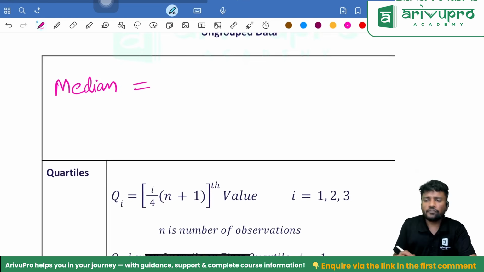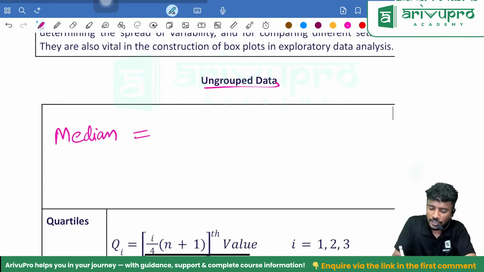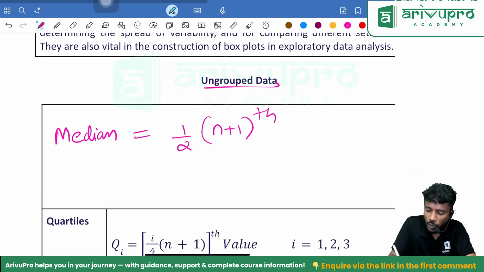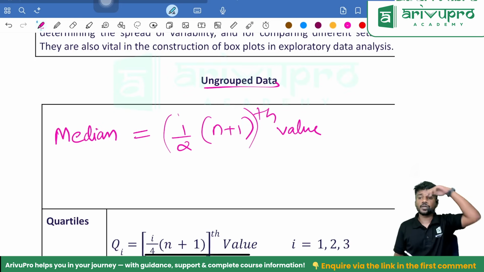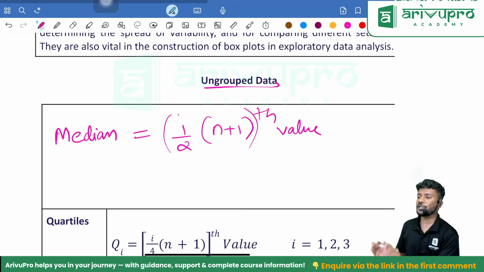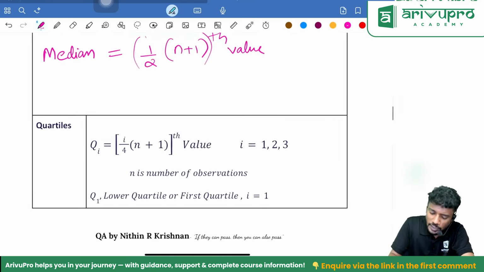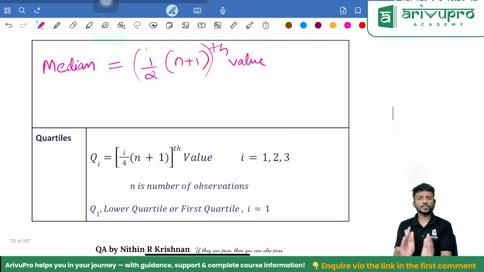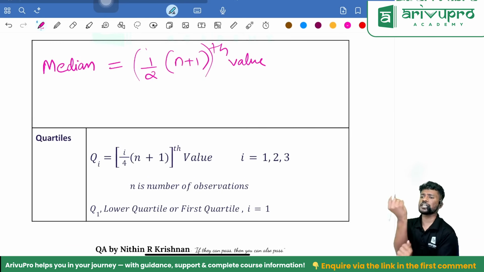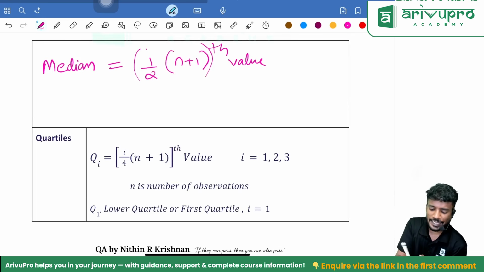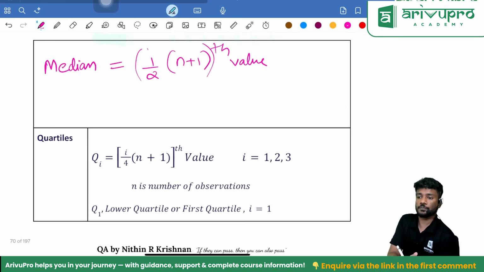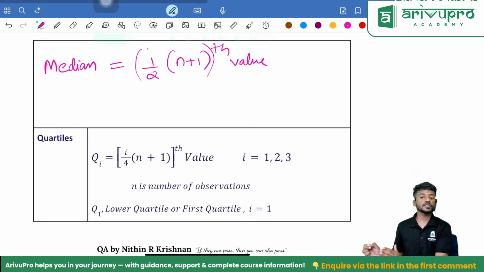What is the formula for median for ungrouped data? 1 by 2 into n plus 1 value. Keep a note. This is the formula for median. Then, what is the formula for quartile? The quartile also has the same type of formula, only one change will be there. It will be i by 4 into n plus 1 value.